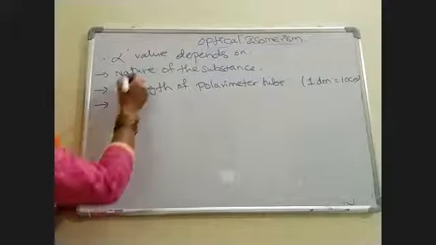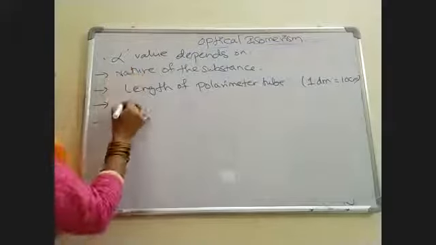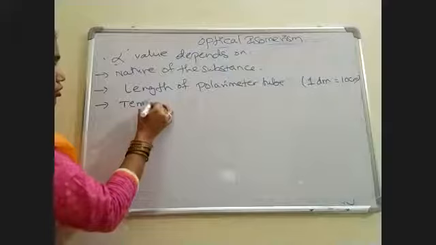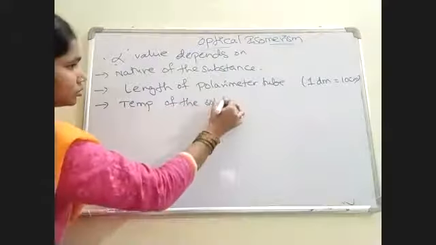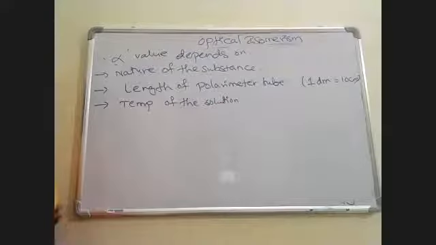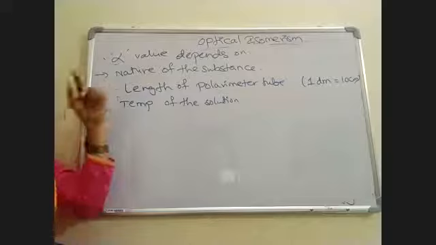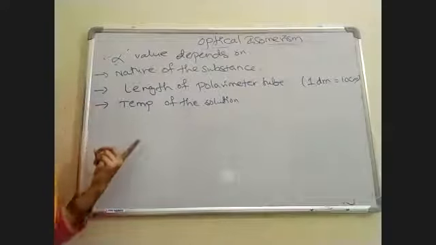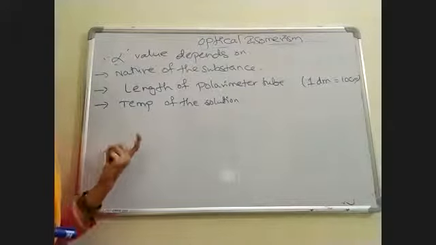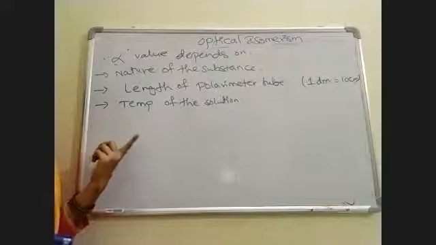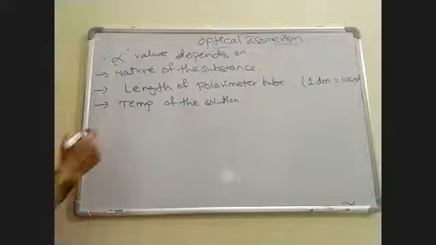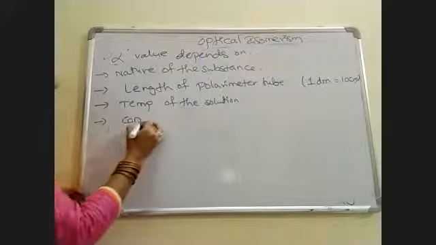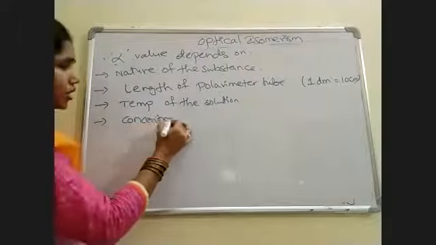It also depends on the temperature of the solution. If you put a cold solution in the sample tube, it will have a different alpha value than a hot solution. And it also depends on the concentration of the solution.